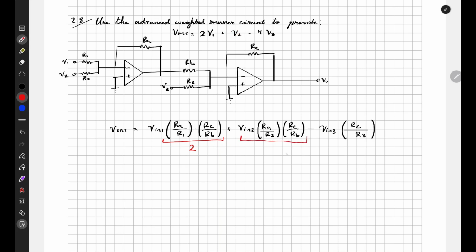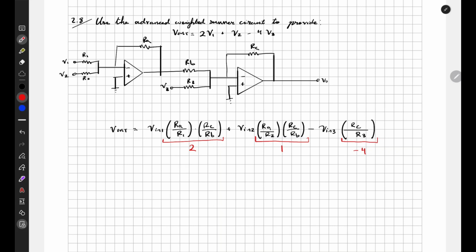So this coefficient denotes 1. And then in front of the V3 there is a negative 4. So this coefficient denotes negative 4.